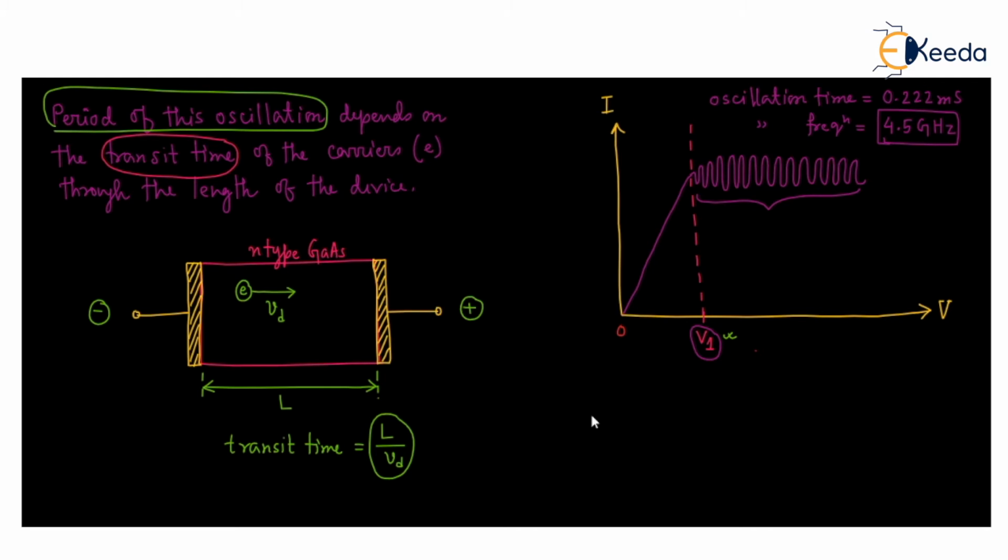Now, why is it happening like this? After the V1 voltage, why is the current oscillatory in nature? For that, we have to plot the velocity versus electric field for different materials. So let us understand why this current becomes oscillatory after a certain voltage V1, and let us describe it in terms of drift velocity.